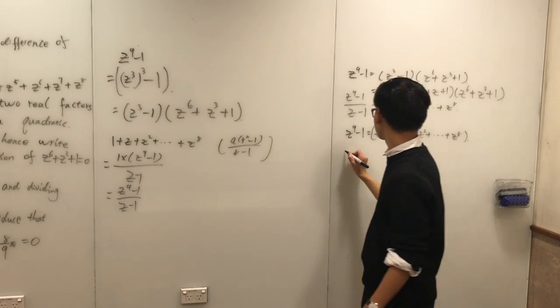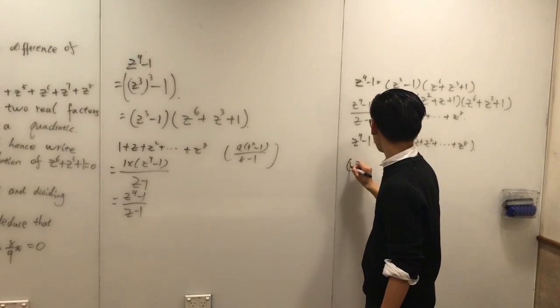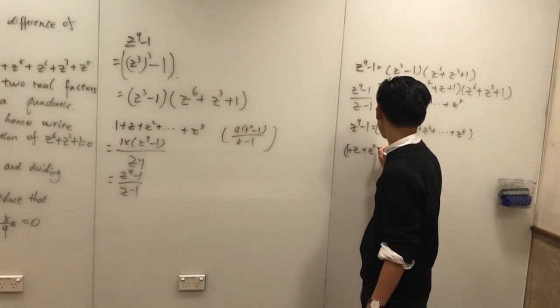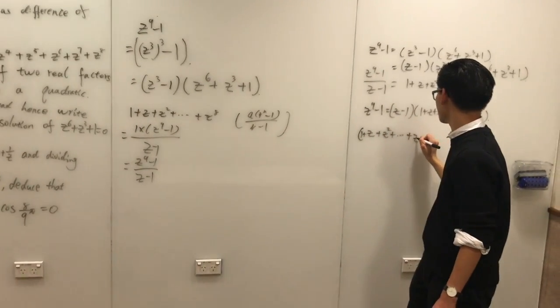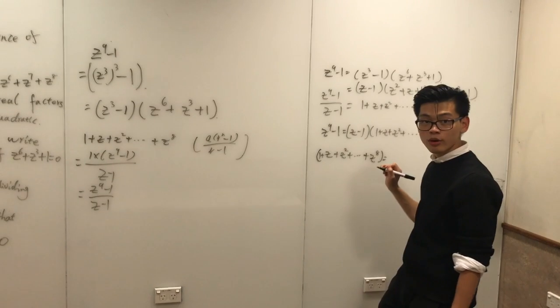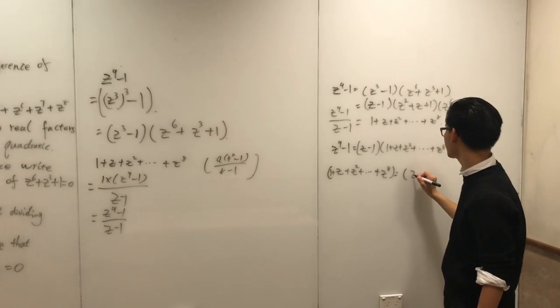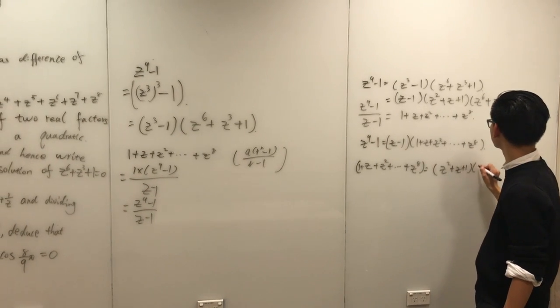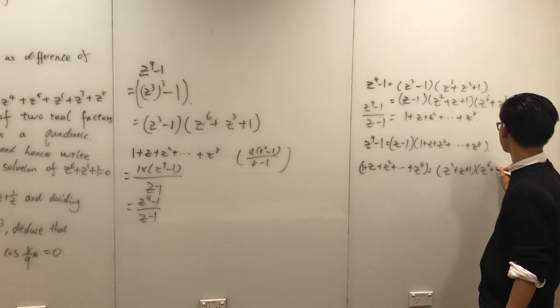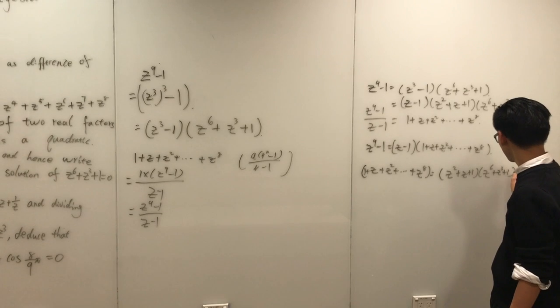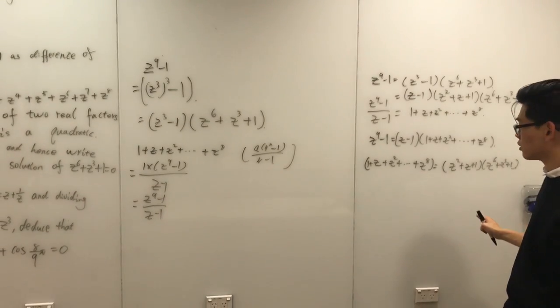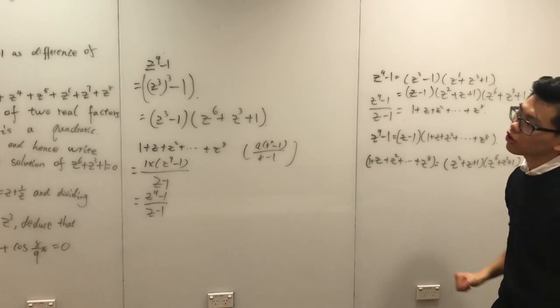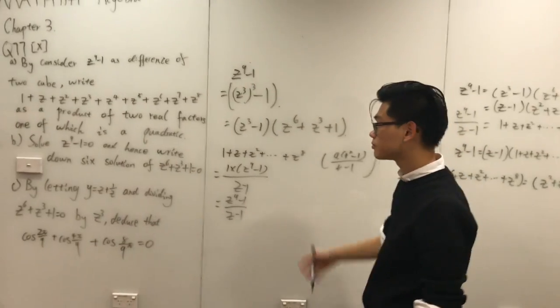So we can write 1 plus z squared up to z to the power of 8 as equivalent to z squared plus z plus 1 multiplied by z to the power of 6 plus z cubed plus 1, which is the answer to the first question. So we've completed the first question.